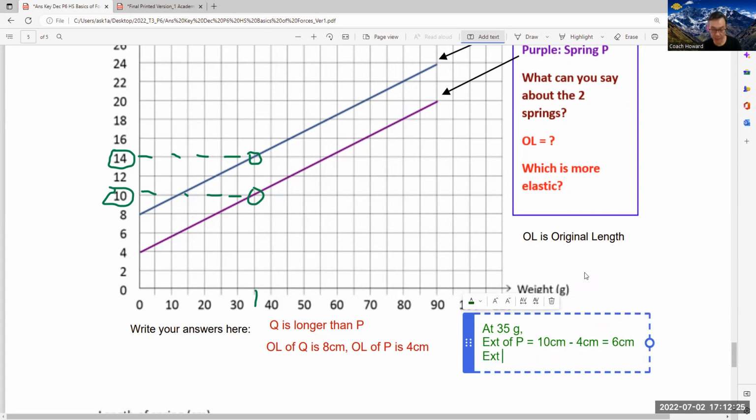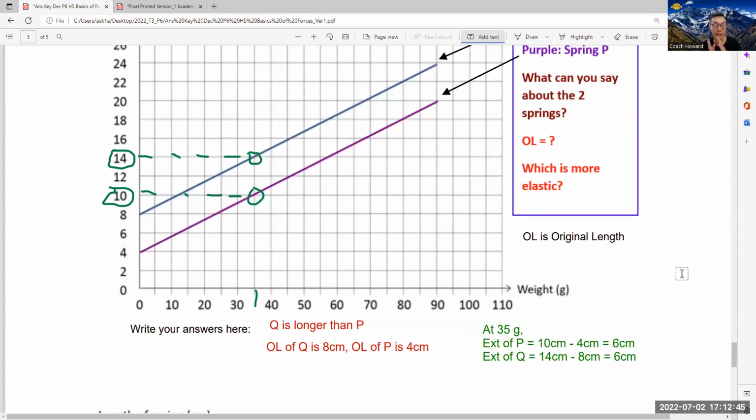Then the extension of Q equals 14 minus original 8, 14 cm minus 8 cm. What do you notice? It's also 6. That means these two springs have the same elasticity. Both springs are equally elastic.